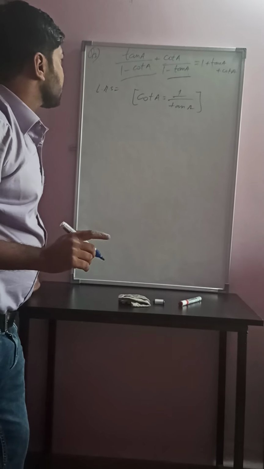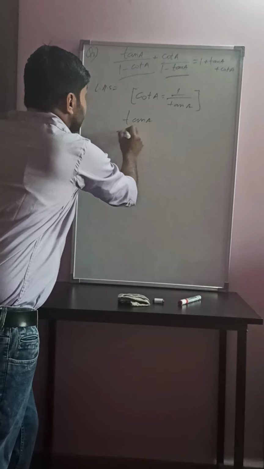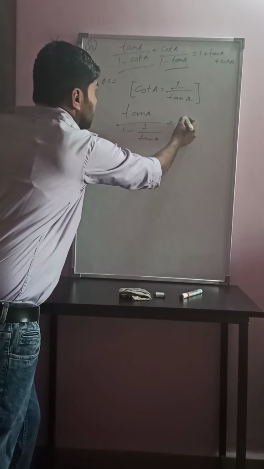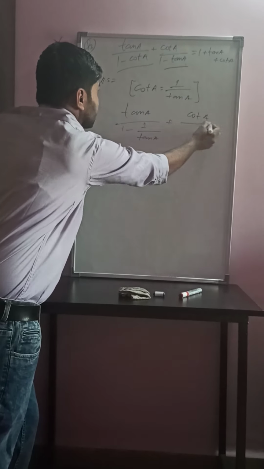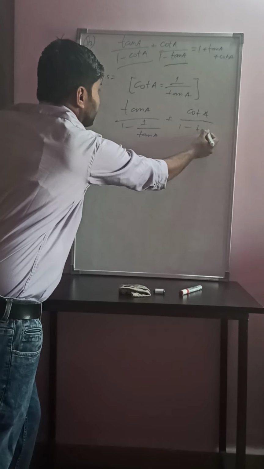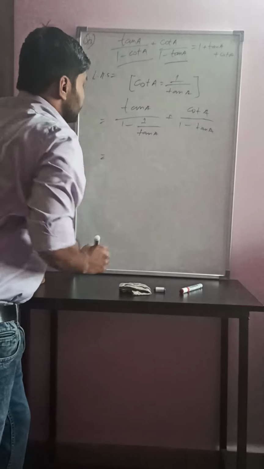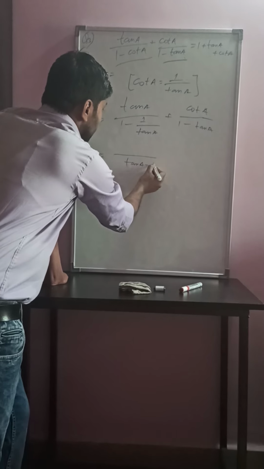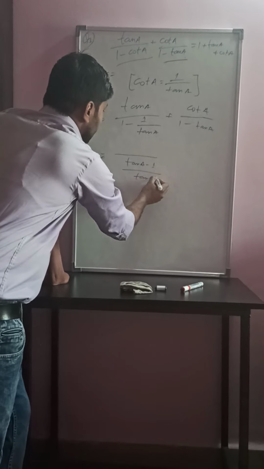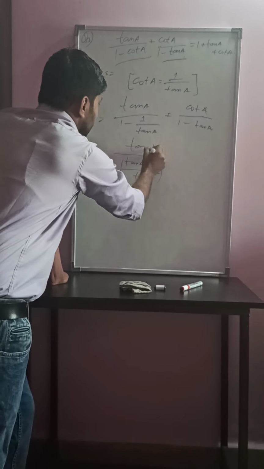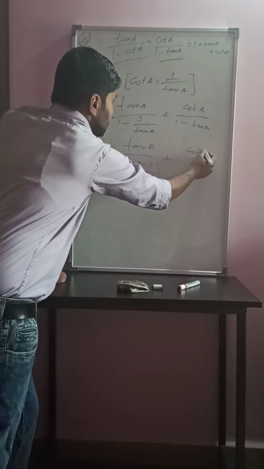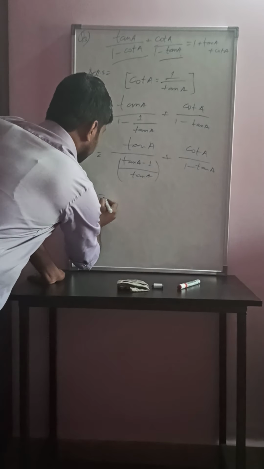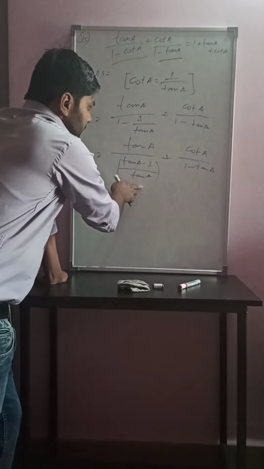If I use it, what will happen? Tan A divided by 1 minus 1 upon tan A, plus cot A, keep this as it is, cot A divided by 1 minus tan A. Now just take the LCM, we'll get tan A minus 1 divided by tan A, plus the same, cot A divided by 1 minus tan A. Now it will be reversed, so it will be in the numerator.